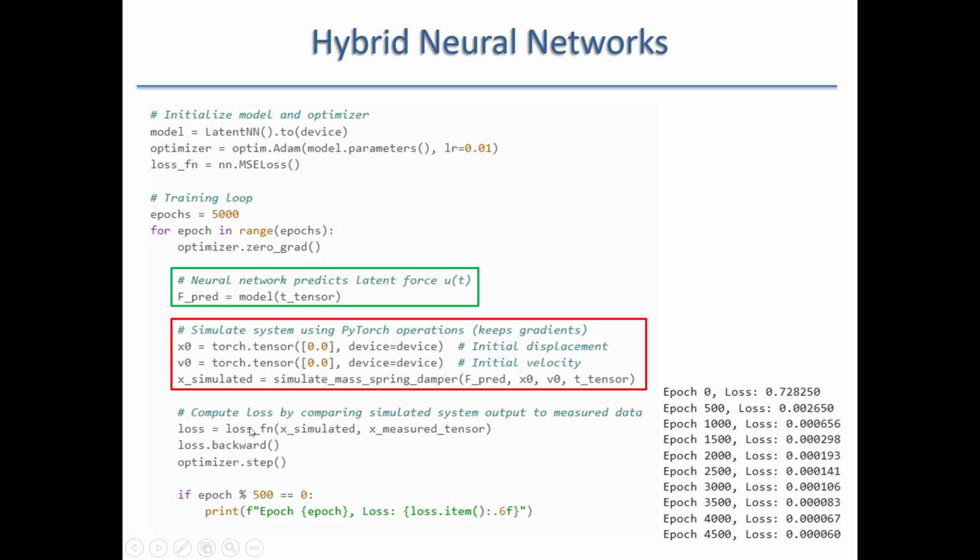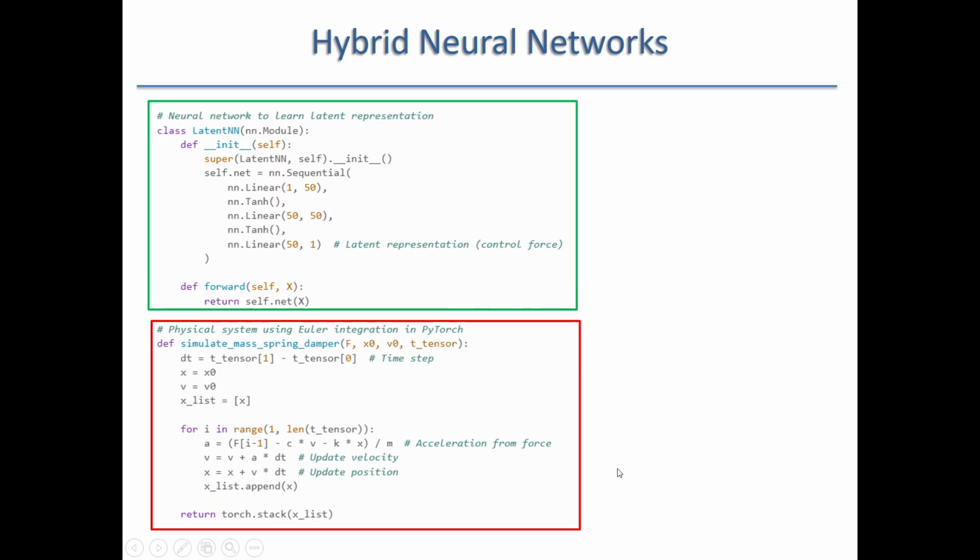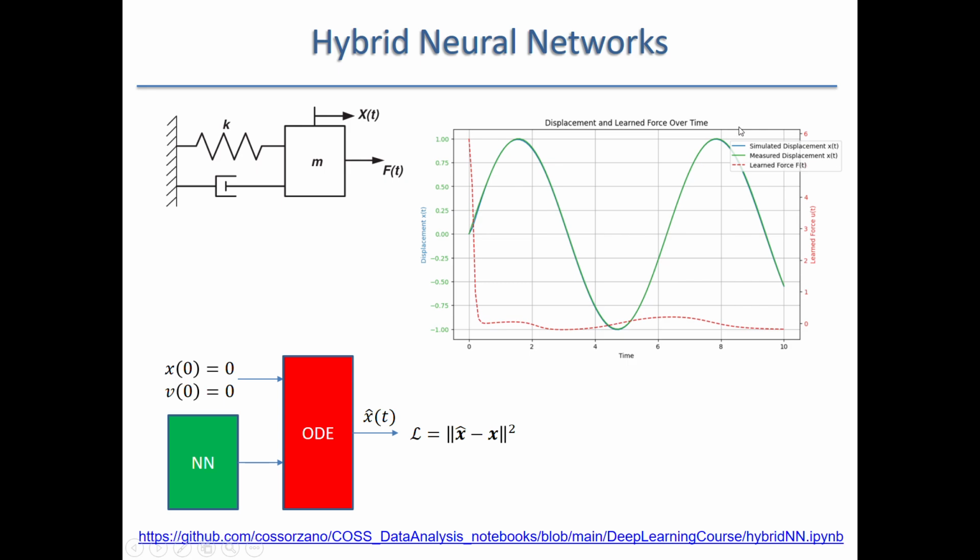The loss is the distance between the simulated position and the measured position, both as tensors, because the GPU only understands tensors. And then we simply backpropagate this loss so that we update our network weights. We can see again how the loss starts with a very large error, and then the error is drastically decreased until we have this simulated behavior, and this is the estimated force.